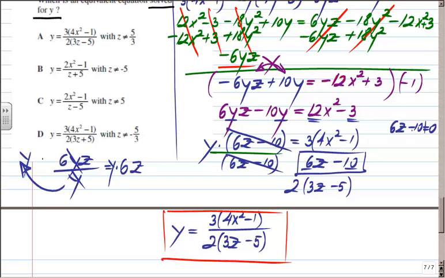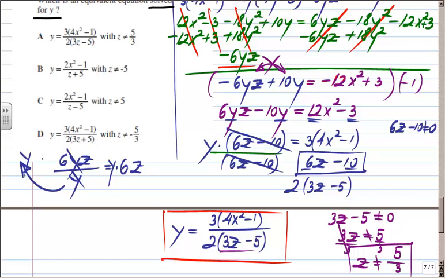However, like I've said before, you have to make sure that this 6z minus 10 is different than 0, or you can just reduce it to 3z minus 5 different than 0, which if you solve it, you will have what? Adding 5 to both sides, you find 3z different than 5. And if you divide by 3, you find that the exclusion you have to use here will be that z has to be different than 5 over 3. Okay?